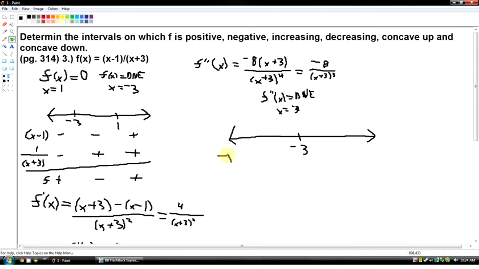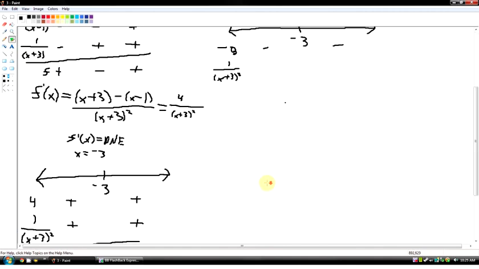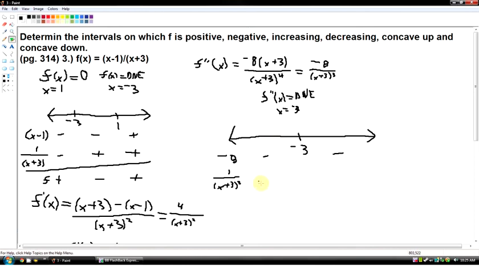Negative 8 is negative everywhere, and 1 over x plus 3 cubed should be negative before negative 3 and positive after negative 3.